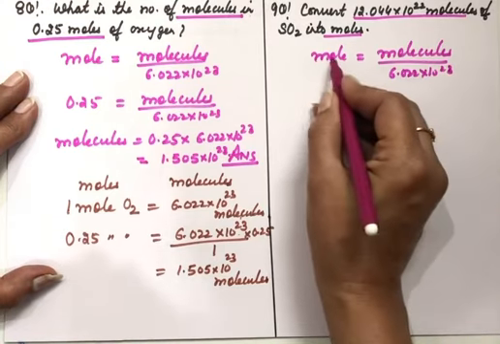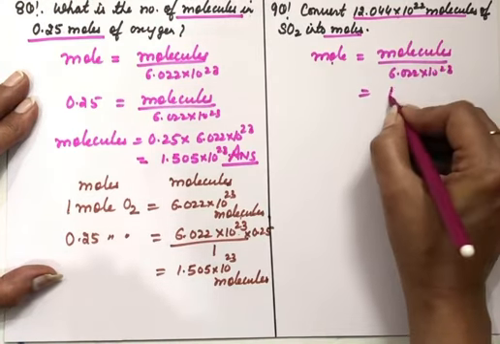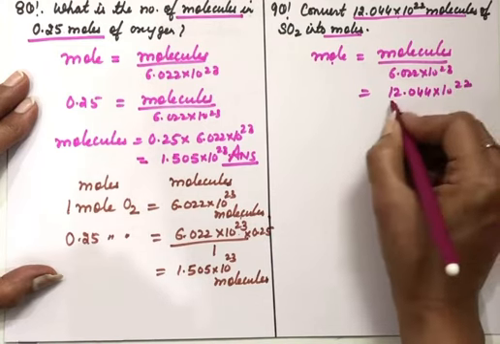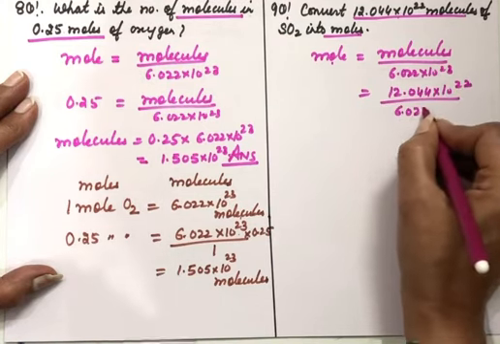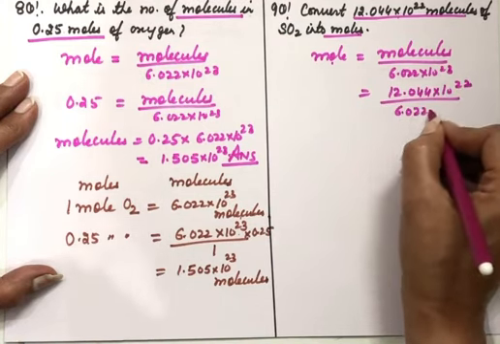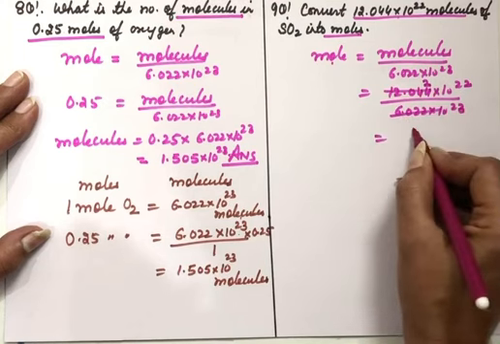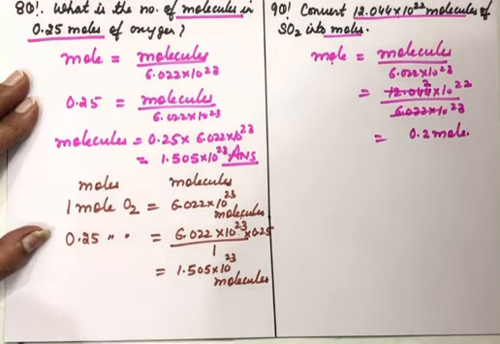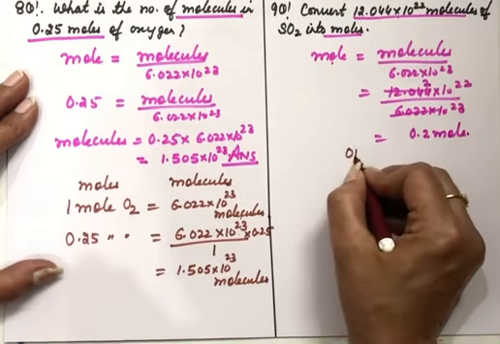Now in this case, moles we have to find out, and molecules are 12.044 into 10 raised to power 22, divided by 6.022 into 10 raised to power 23. This will come out to be equal to 0.2 moles.